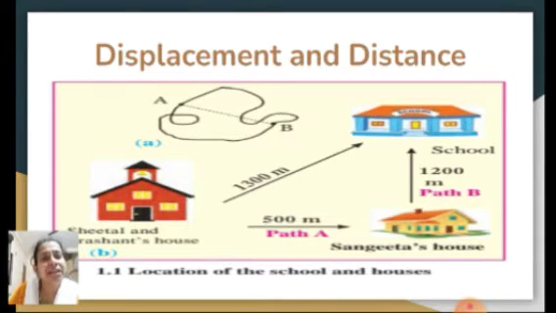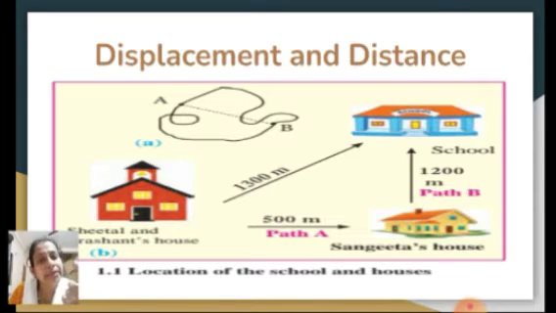Now in these cases, there are two things: the actual path traveled by Sheetal, and the minimum distance covered by Prashant. So this tells you two things.